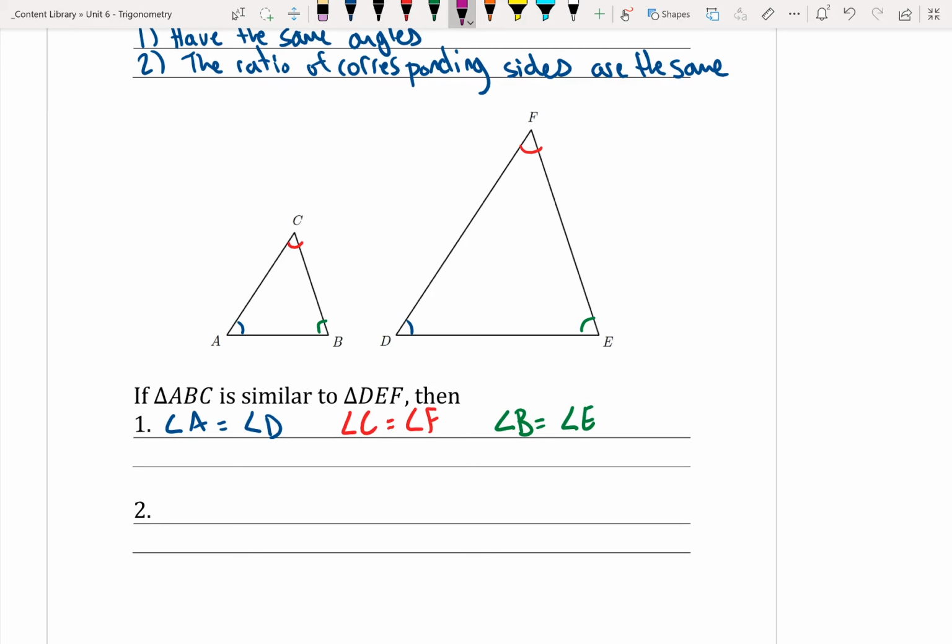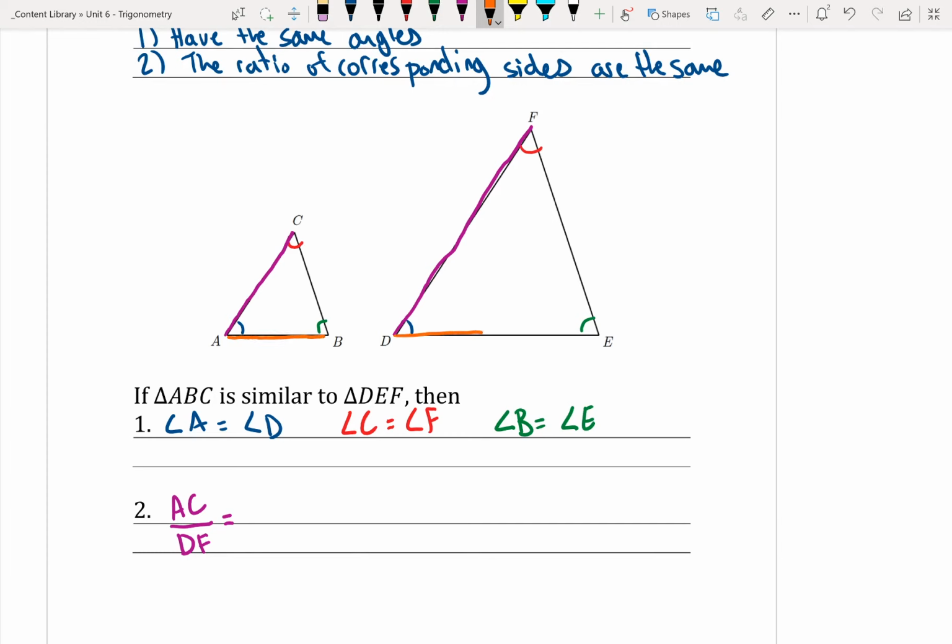Now, when we're looking at the ratio of the corresponding sides, I'm going to draw a line in purple to represent the 1. So this means that side AC, if I divide that by the side length of the other one, DF, whatever that ratio is, I can figure out the ratio by dividing, that's got to equal the ratio for all the other sides.